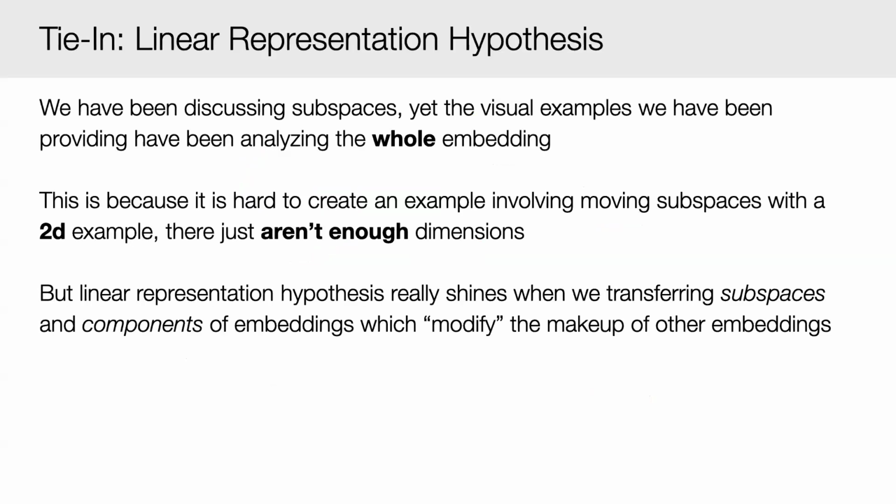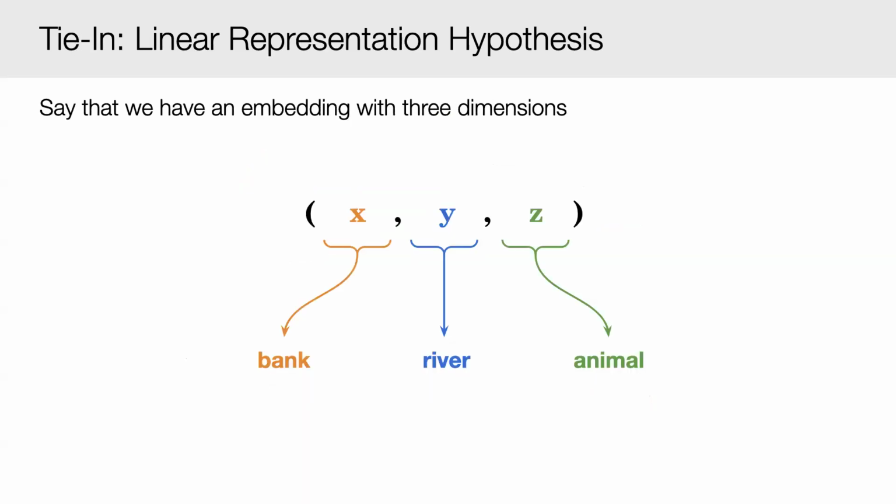But the linear representation hypothesis really shines when we talk about transferring subspaces and components of embeddings, which modify the makeup of other embeddings. So we wanted to give an example that really motivates this. Say we have a 3-dimensional embedding with the following components.